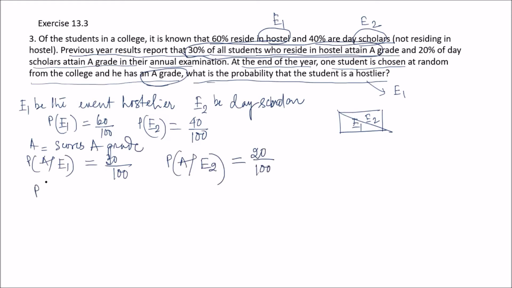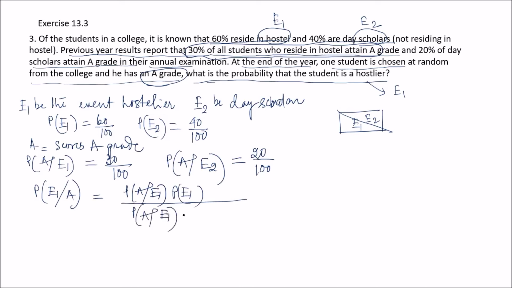And you have to find the probability that he is a hostelier given that he has got the A grade. So just interchange it: P(A given E1) into P(E1), upon the total probability, P(A given E1) into P(E1) plus P(A given E2) into P(E2).